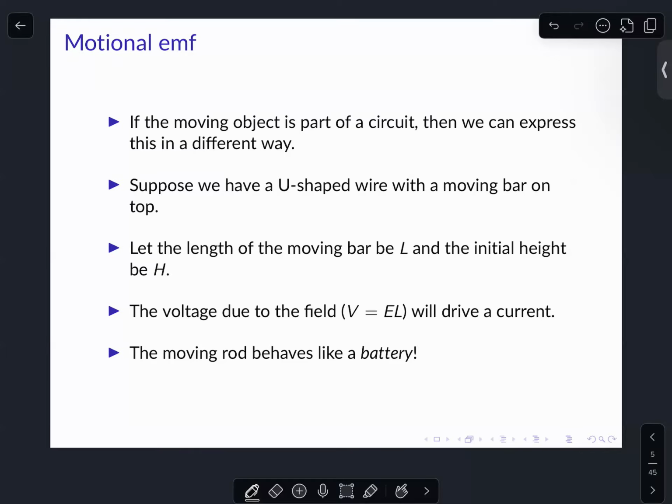So we've got a rod and a U-shaped piece of metal, a conducting channel. The rod is allowed to slide up and down, but it's selectively in contact. It makes metal-metal contact. You can have a current flowing through this. It's a complete circuit.